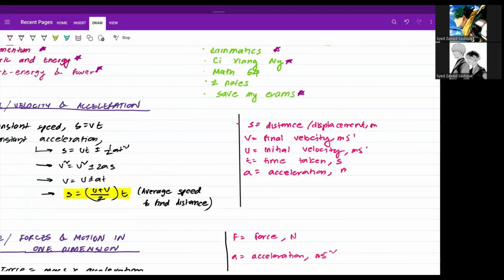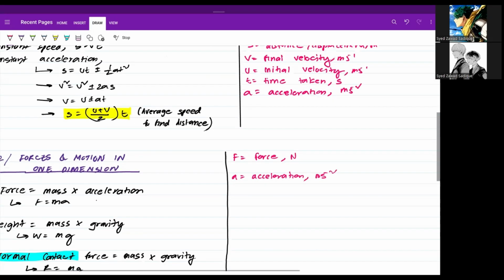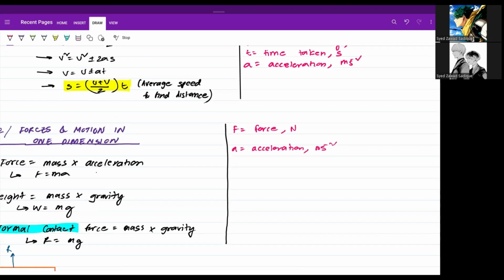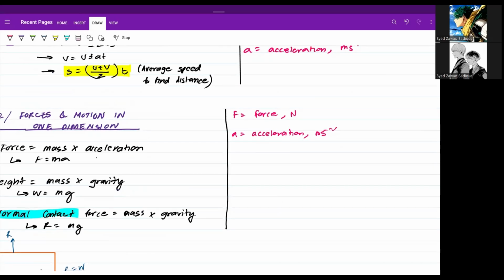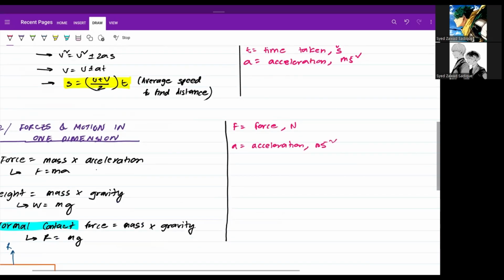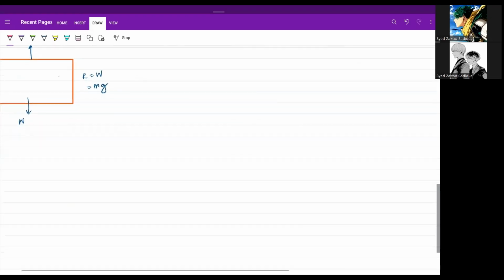Yeah, it's meters per second squared. m is equal to mass, just kg. R is equal to normal contact force, which is also in Newtons. Right, so that's that.